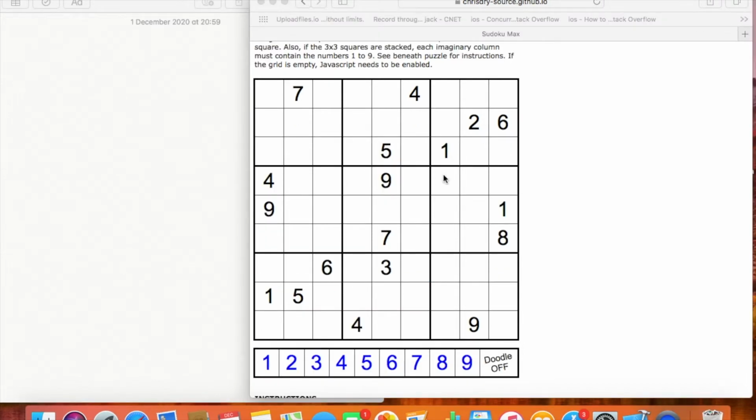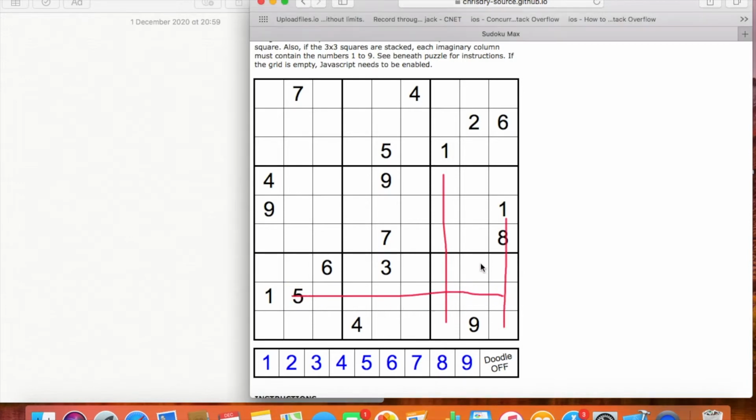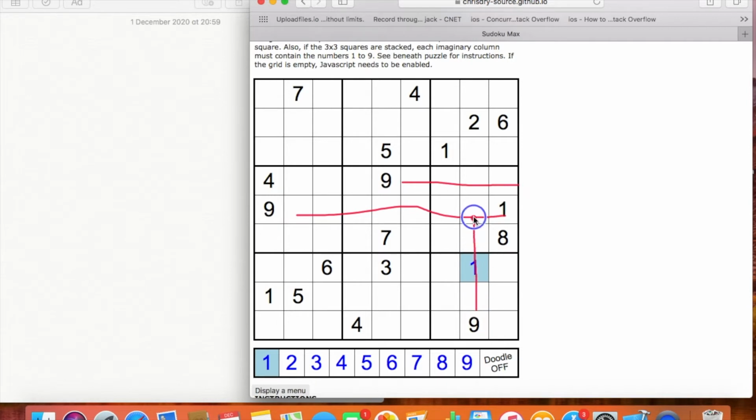Let's begin the proof then using just conventional Sudoku logic. First of all, in the bottom right block, we can see there's only one place that a 1 could go, which is in that slot there. There's only one place that a 9 could go in the right hand block, and it's just there.